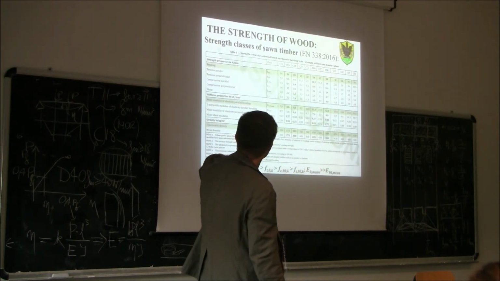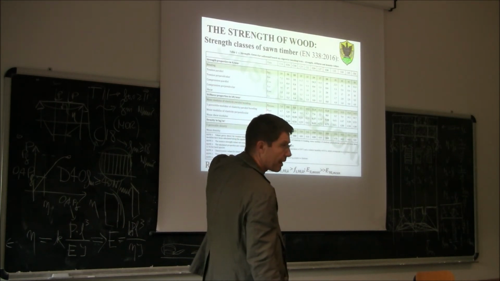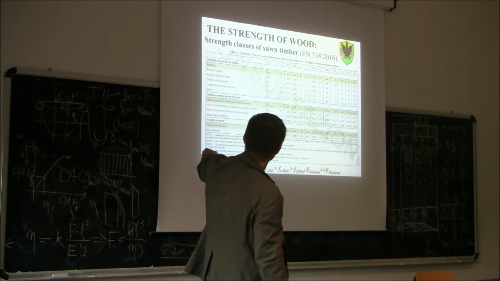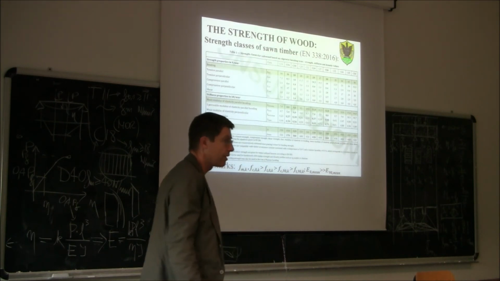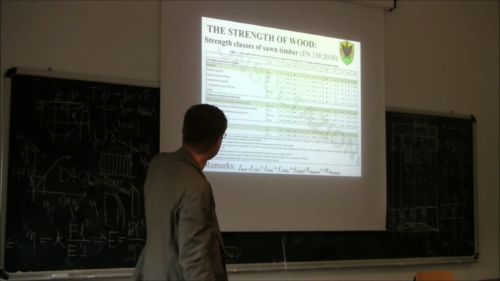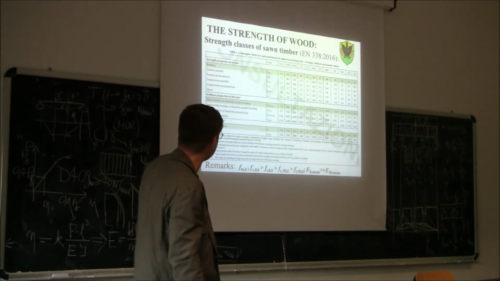For the module of elasticity, we have the mean module of elasticity parallel in bending, the 5% module of elasticity parallel in bending, the mean module of elasticity perpendicular to the grain, and the shear modulus. And for density, the 5% characteristic density, and the mean density.